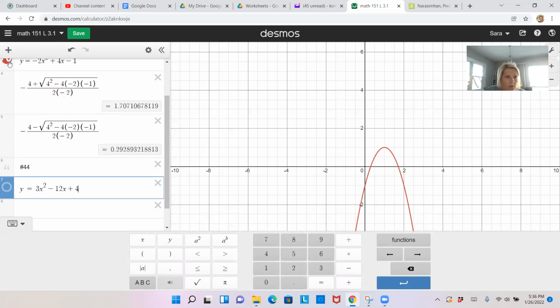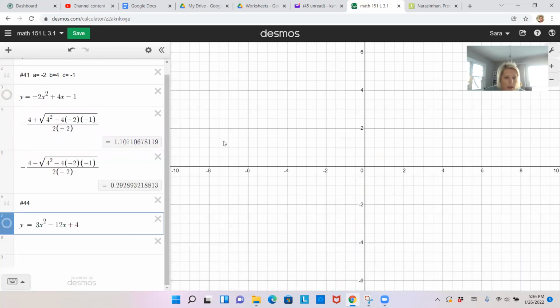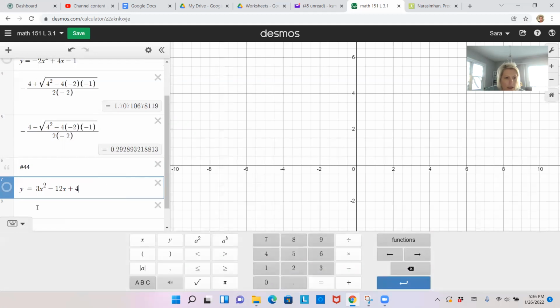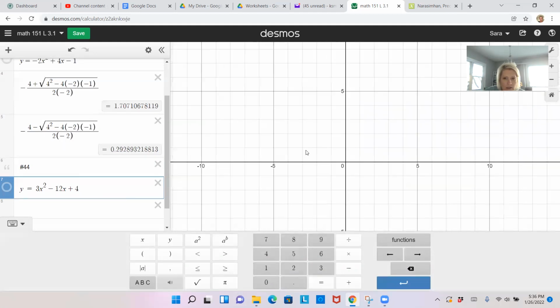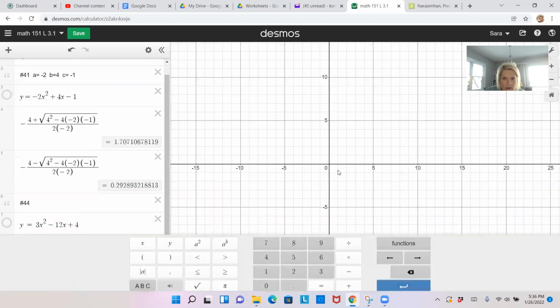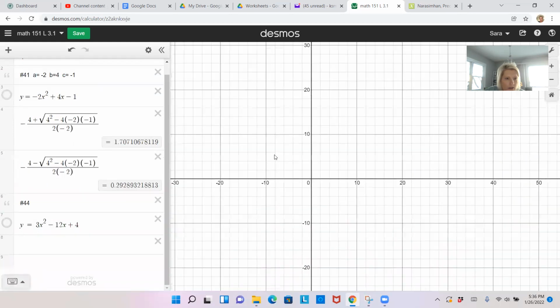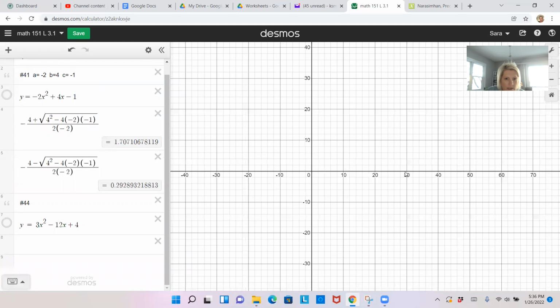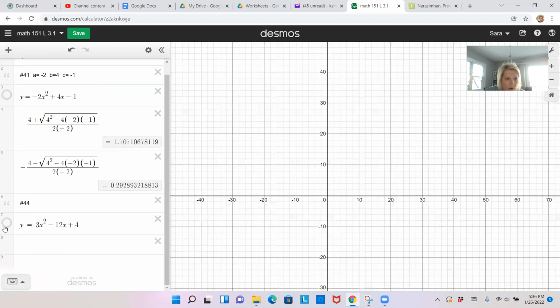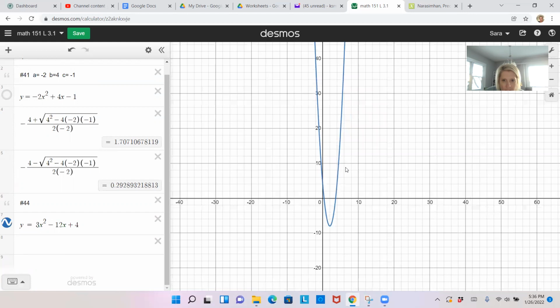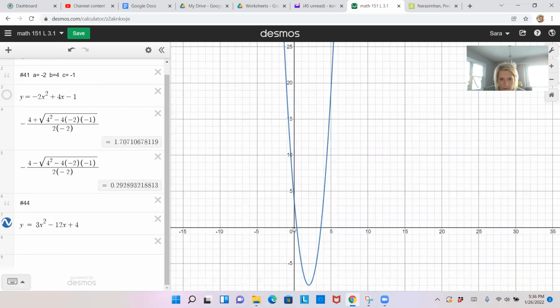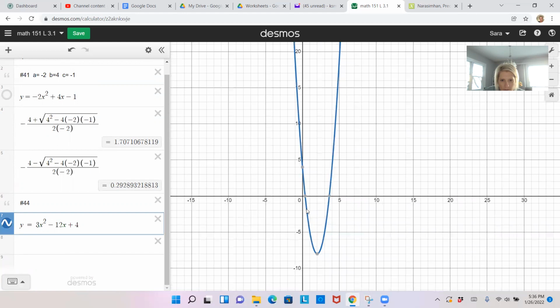Okay, so I'm going to turn off my red and then I've got my blue. Why am I not seeing it? Oh, I turned it off. There it is. So we should be able to find these things, right? So when you click on the graph, then it shows the important parts. There's our y-intercept and our x-intercepts, but we're going to find those by hand, and our vertex. But this is what we're going to work on next, number 44.